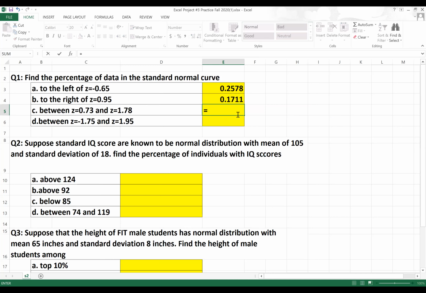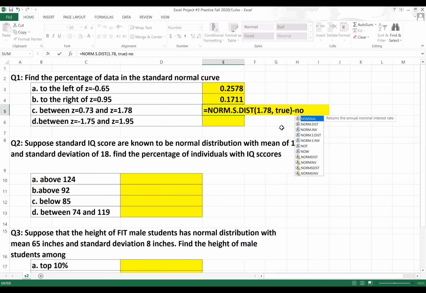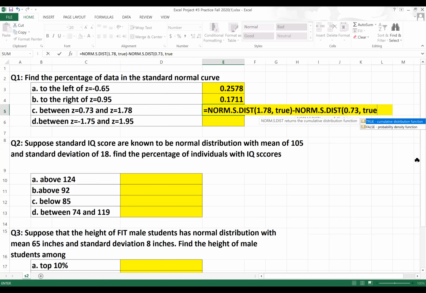Okay, so you do NORM.S.DIST, and put in the bigger z-score, 1.78, and put in true for the argument. Now we take care of the first part. The second part is the same formula, the standard normal probability distribution, NORM.S.DIST, and we put in 0.73, and also true.